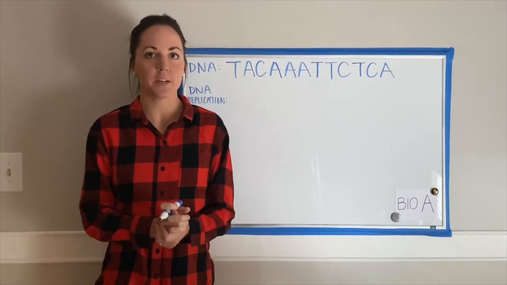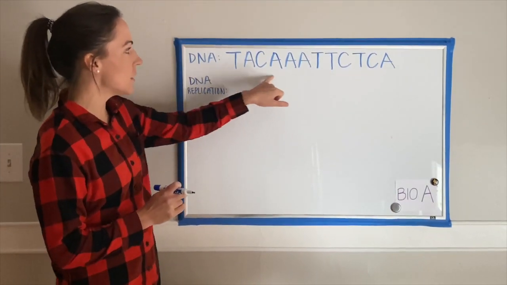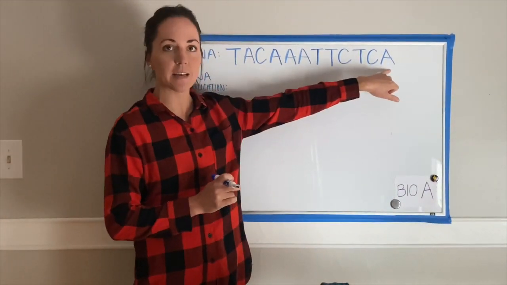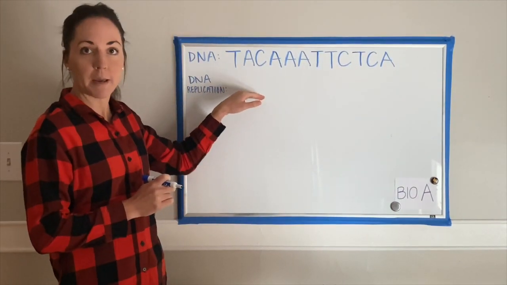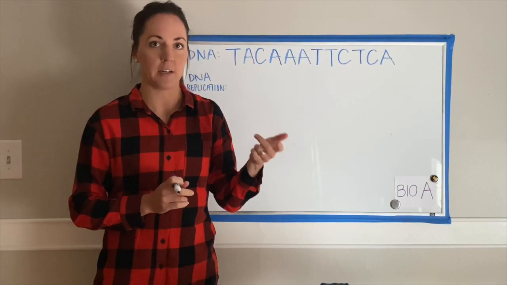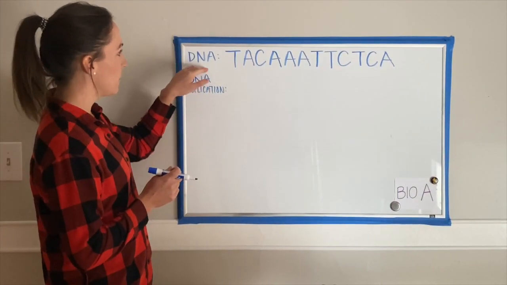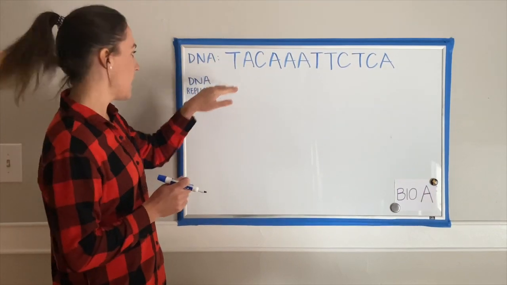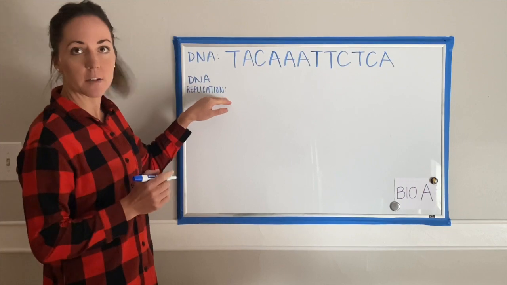Just to refresh again, last week we talked about DNA replication, where if we knew one strand of DNA, we could predict what the other side would be based on the base pairs in the nitrogenous bases. If this was one strand of DNA, we could figure out for DNA replication what the other side would be.